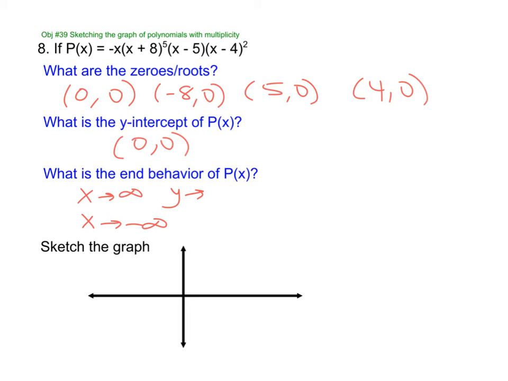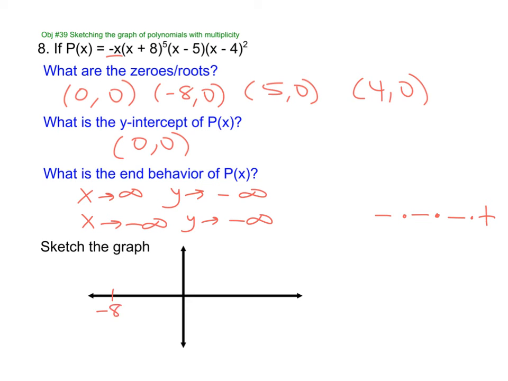Let's see. So we've got a negative times a positive times a positive times a positive, so negative infinity. And then as x goes to negative infinity, we've got a negative times a negative times a negative times a positive because it's squared, so that's negative infinity.